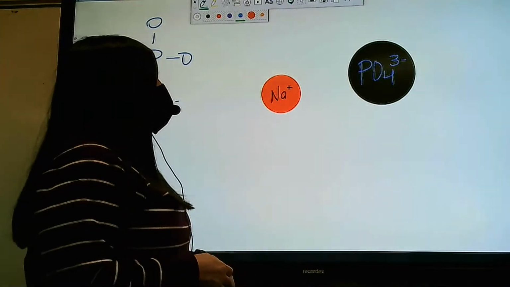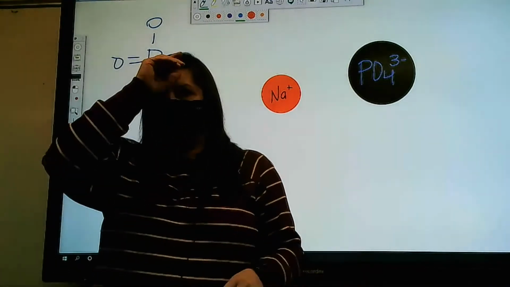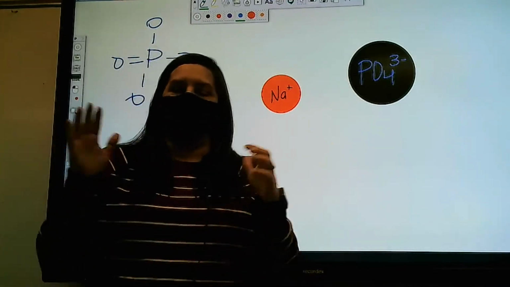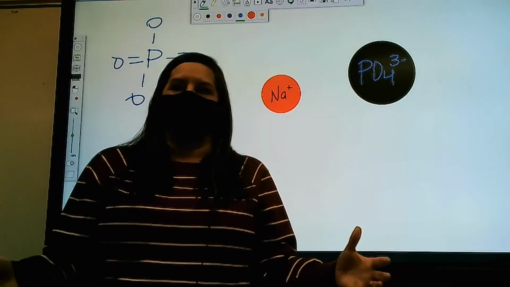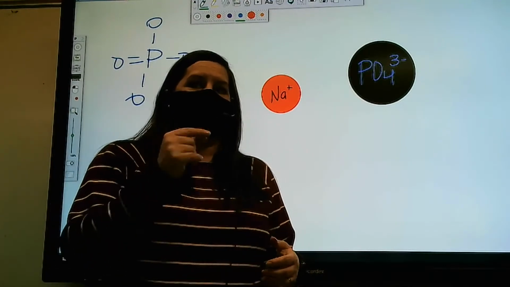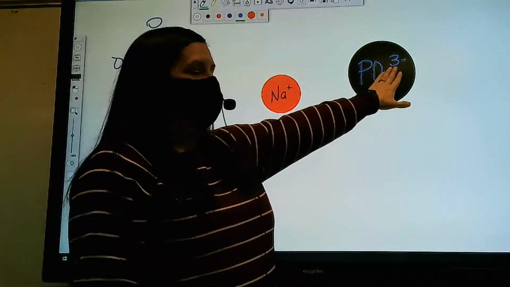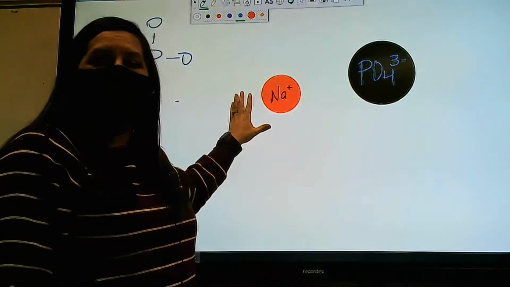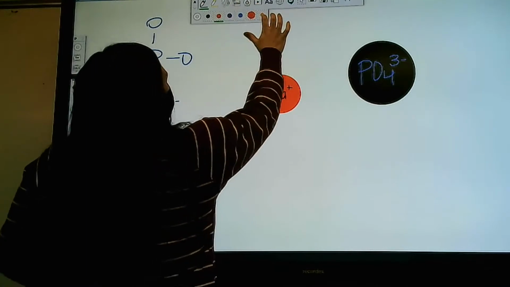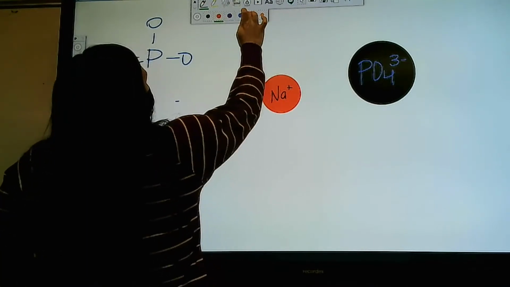So right now, are my charges balanced out the way it's written? No. What do I need to do to make sure we have an overall charge of 0 on this bond? Add 2 more Nas. Good. Because I have a 3 minus charge, I only have a 1 plus. So I'm going to have to add 3 more Nas to this.